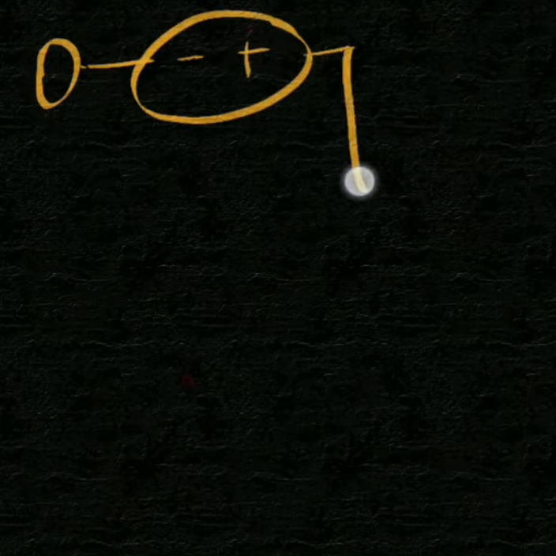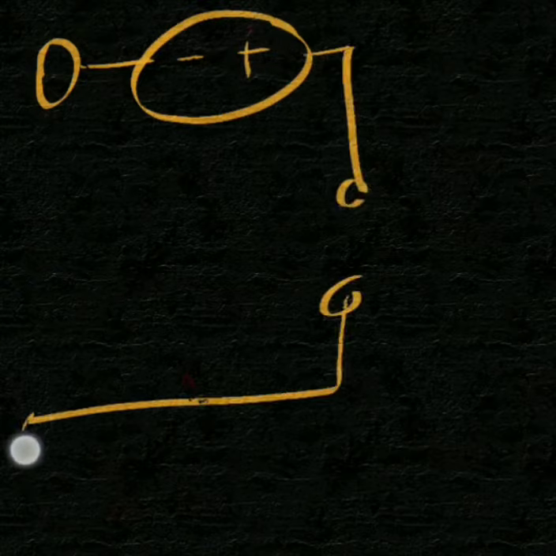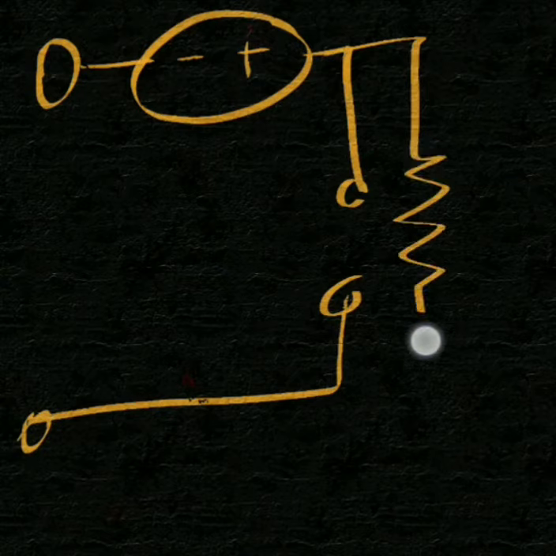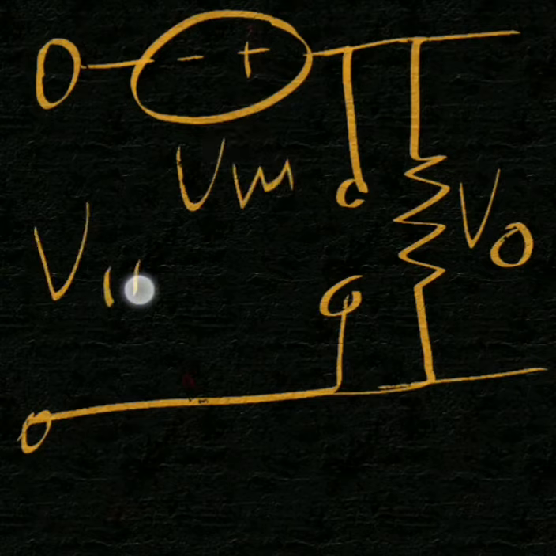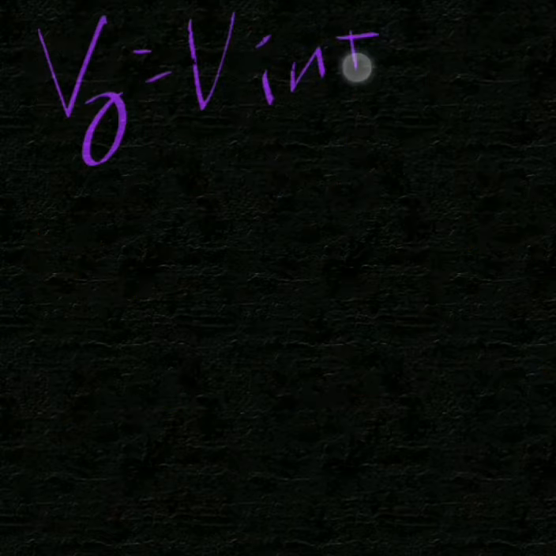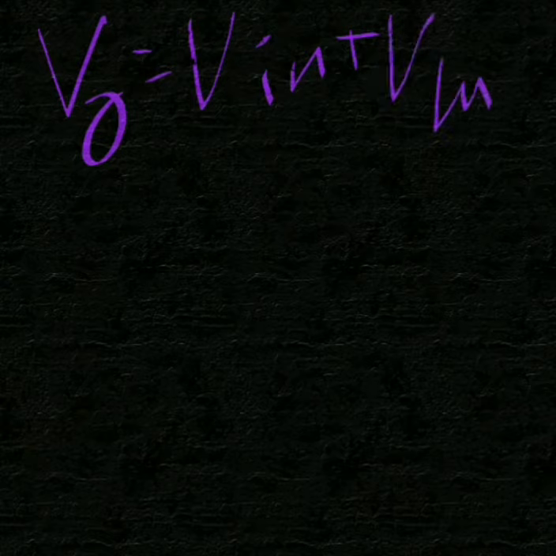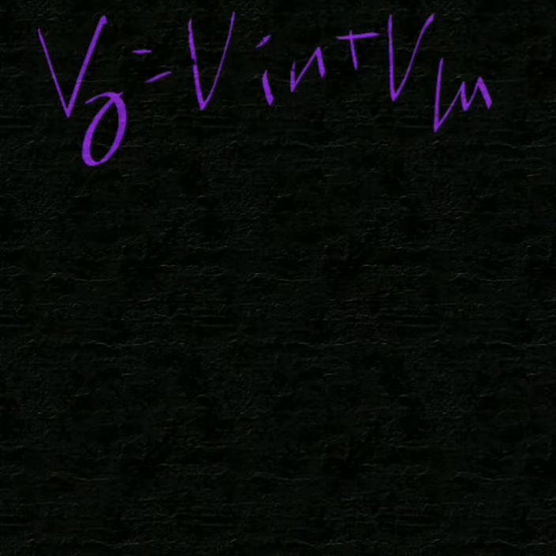So the equivalent circuit will be this. The Vo is here, Vm and Vin, and applying KVL we can say Vo is Vin plus Vm. Now we will deduce various values of Vo at different time instants.